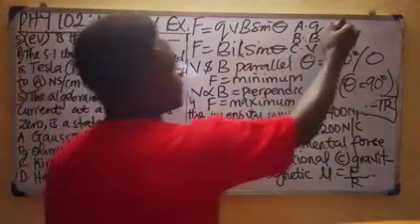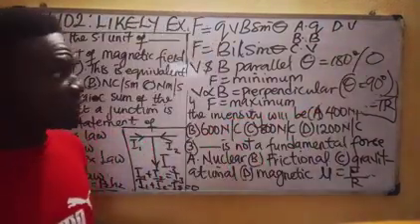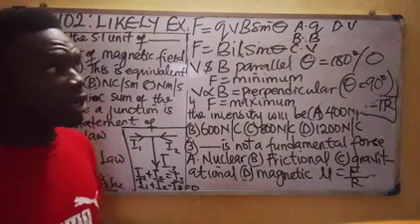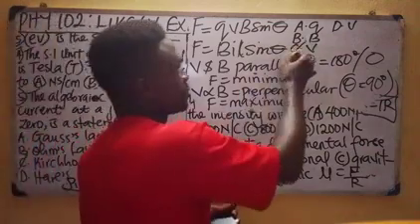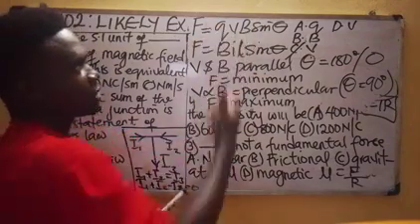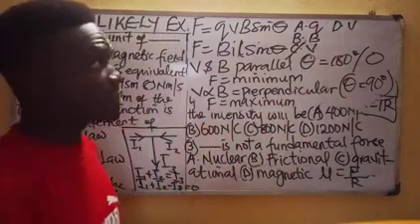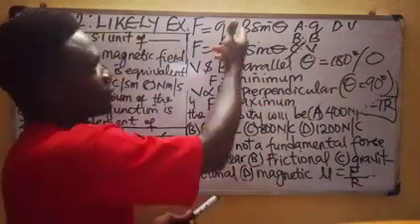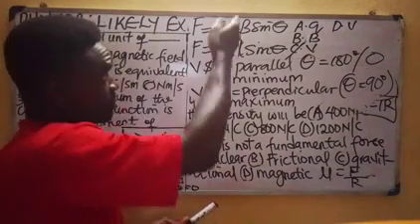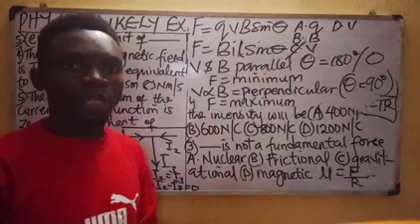And D, they gave V again, which is the speed of the charge. So the one that is odd in this question is C, potential difference. As you can observe, we don't have anything like potential difference in the formula. We only have velocity, the speed of the charge, then the charge itself and the magnetic flux, and sine theta is the angle of inclination.